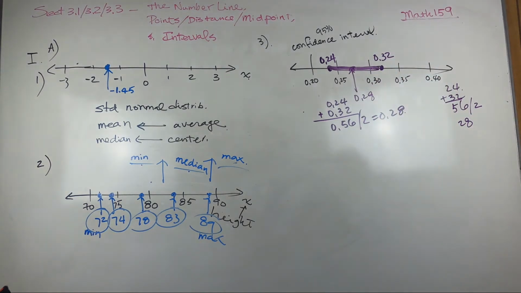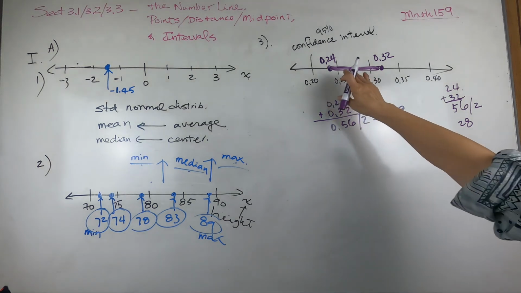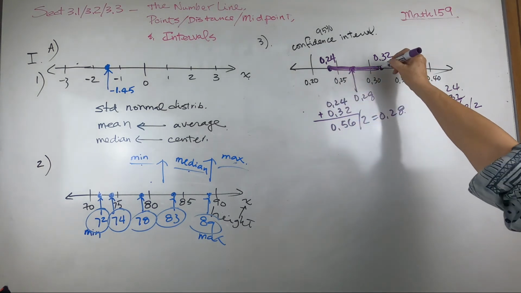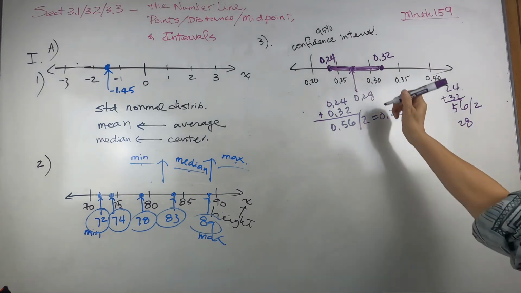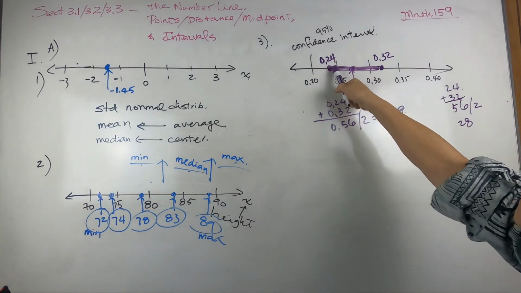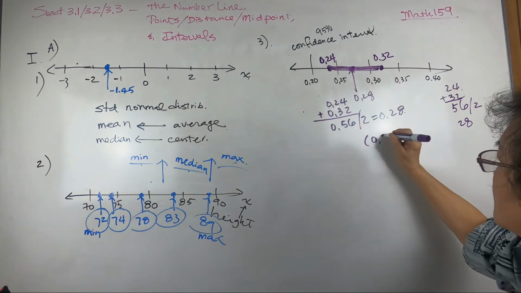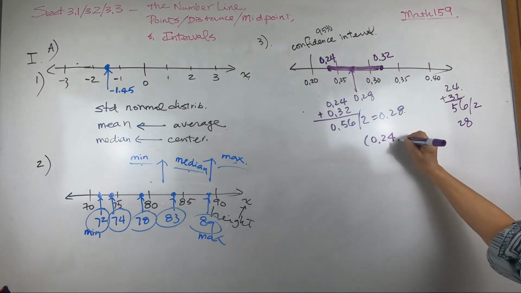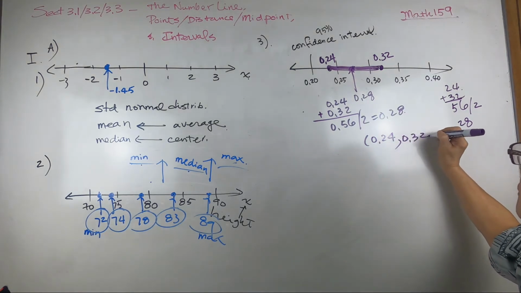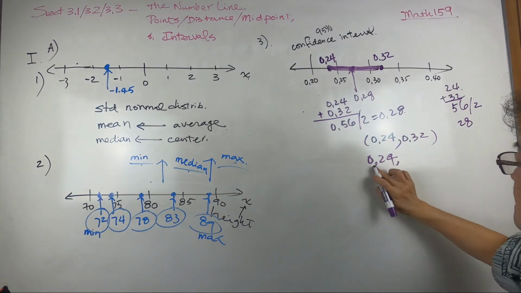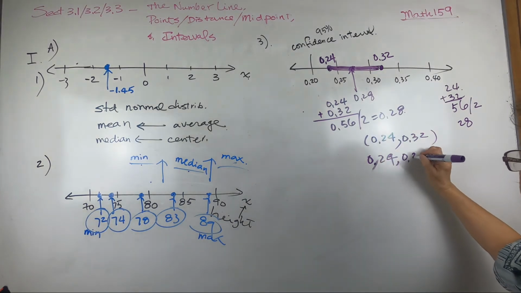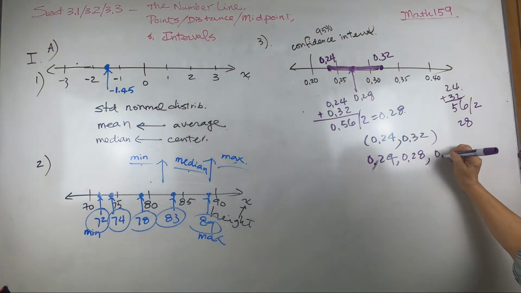Okay? So the interval notation, because it's an interval, we are going to learn interval notation as well. From beginning to the end, so it's 0.04, you put a comma, 0.32. Don't do it this way, okay? Some of you will say, oh, I have 0.24, 0.28, and 0.32.